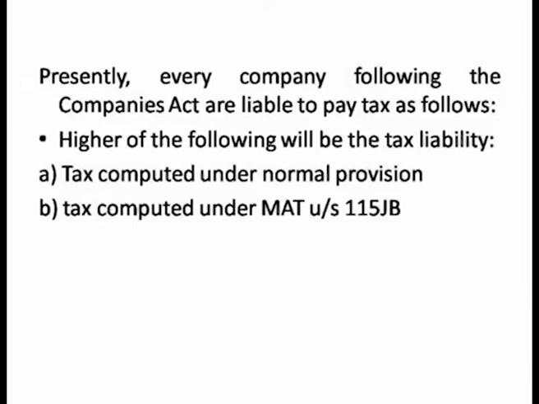If the tax liability under normal provision is higher, then the normal tax liability will be paid. So, there is a comparison between the two. If the tax liability under MAT provision is higher, the company is bound to pay the higher tax as per provision of section 115JB.